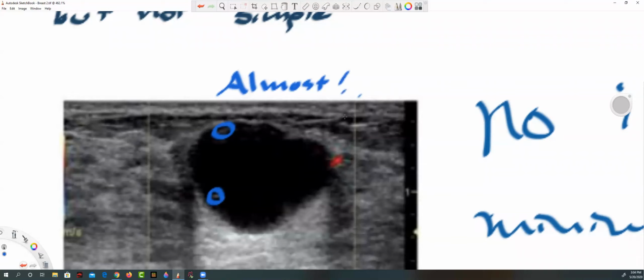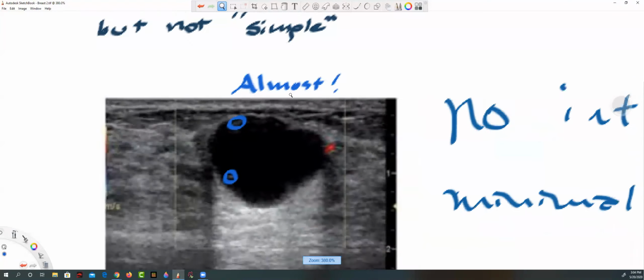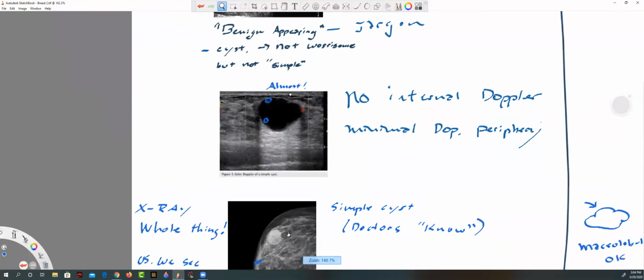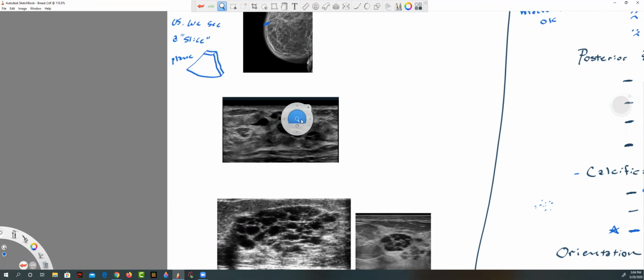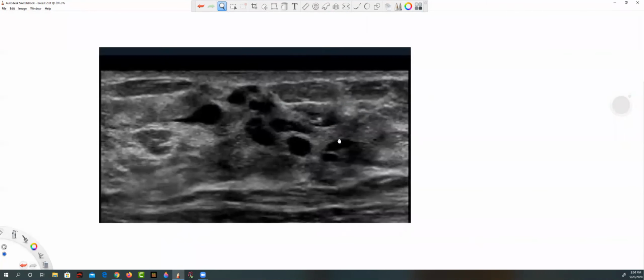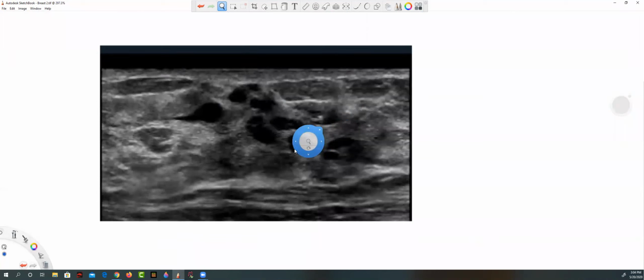Almost perfectly simple, and that's going to depend on your radiologist whether or not they call it simple. I would call it simple, but I'm not a doctor, so I can't do that. 3 o'clock. We'll just go through these pictures and then we'll be done.